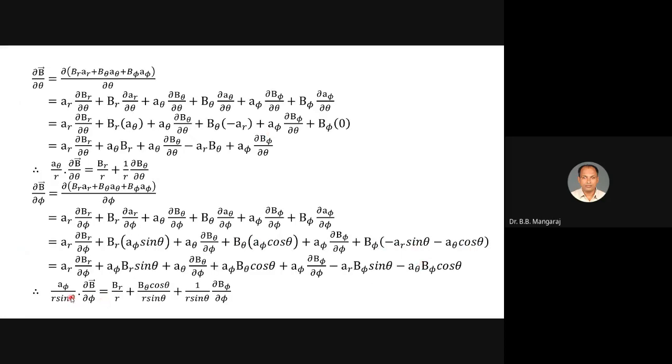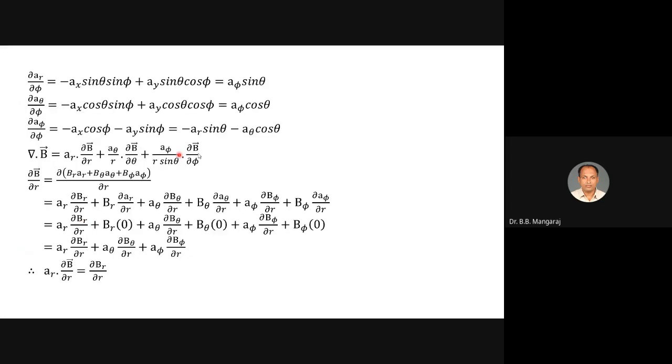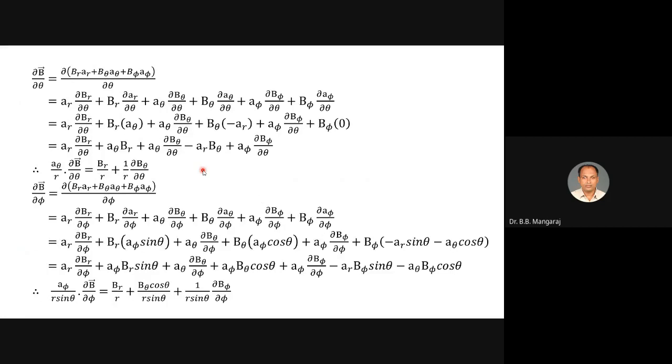Now when we take the dot product between a phi and del v by del phi, then we get this one. Because a phi dot product with a phi will give us a term and a phi dot product with a r and a theta will give us 0. So that is this one. So b r sin theta by r sin theta, b r by r, and b theta cos theta by r sin theta, and 1 by r sin theta del b phi by del phi.